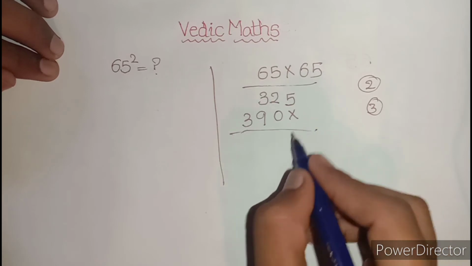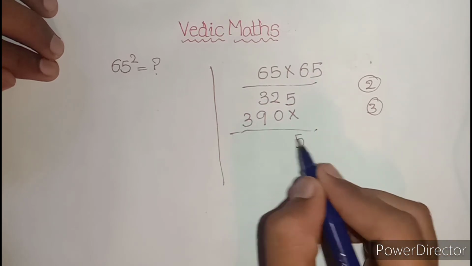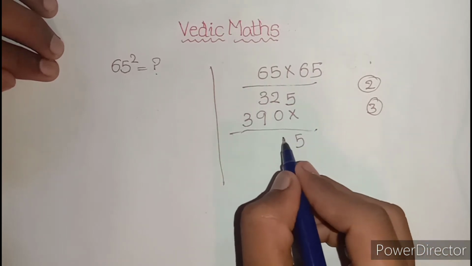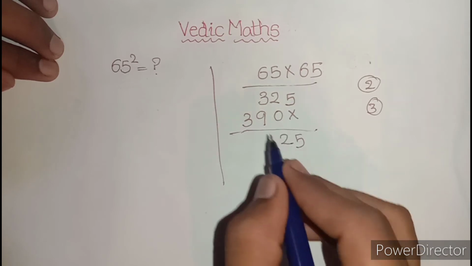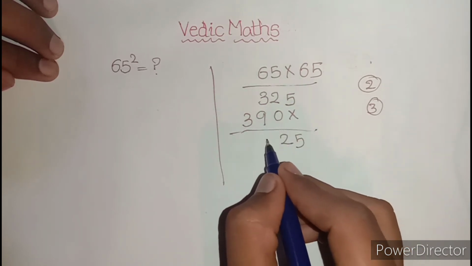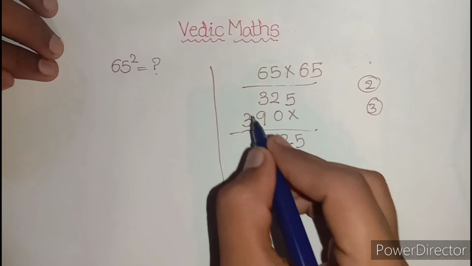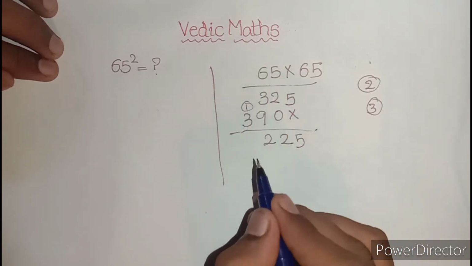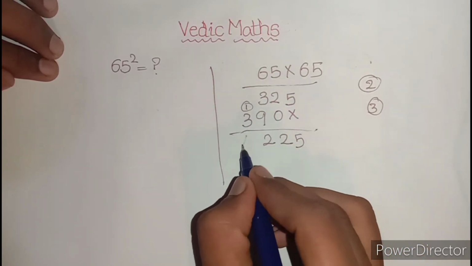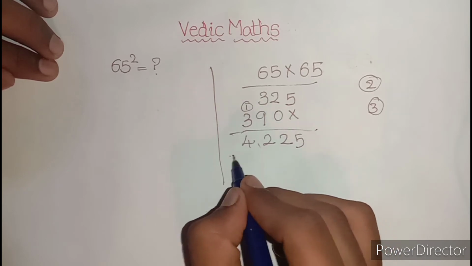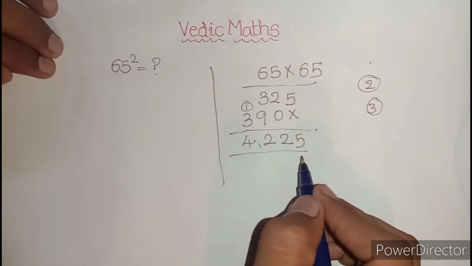Now 5, 0 plus 2 is equal to 2, 3 plus 9, 12, 2, 1 carry, 3 plus 1, 4. So 4225 is the answer.